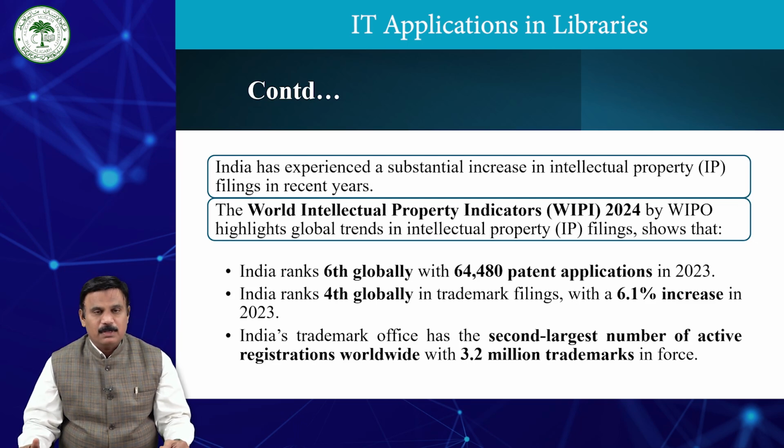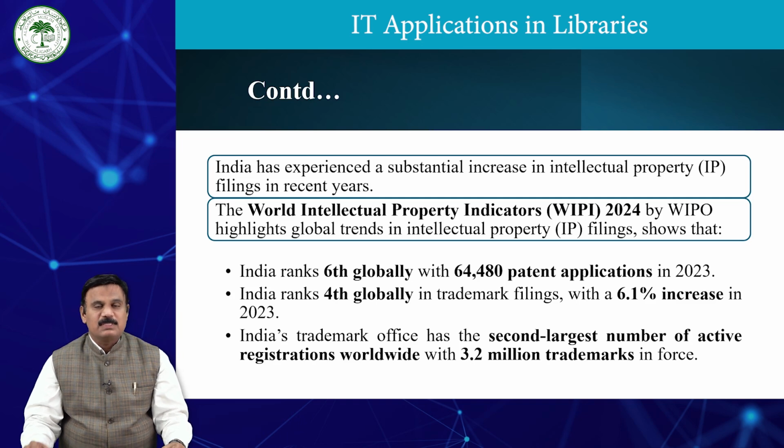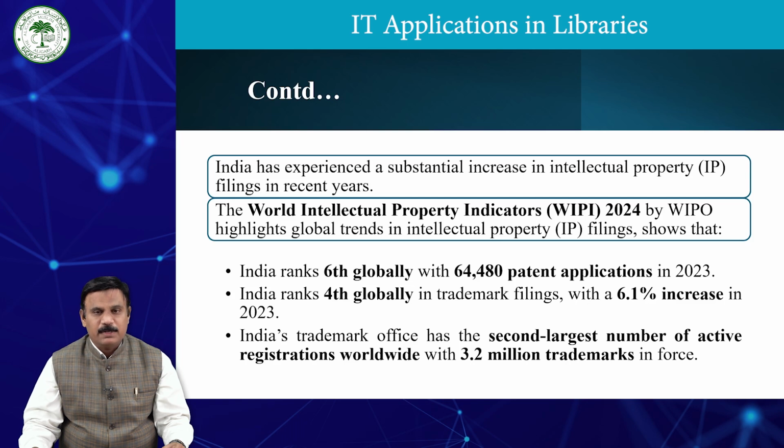The government of India is encouraging people, especially researchers and innovators, to start their startups and register their patents in various agencies like WIPO. The World Intellectual Property Indicators 2024 by WIPO highlights global trends in intellectual property filings, showing that India ranks 6th globally with 64,480 patent applications in the year 2023.